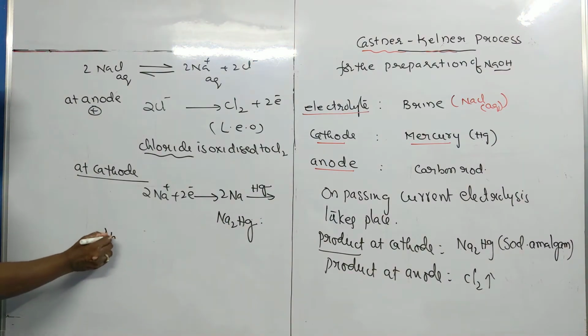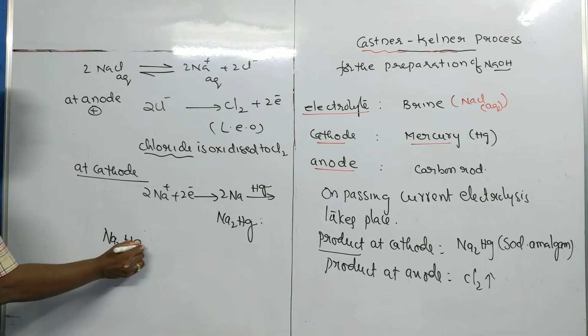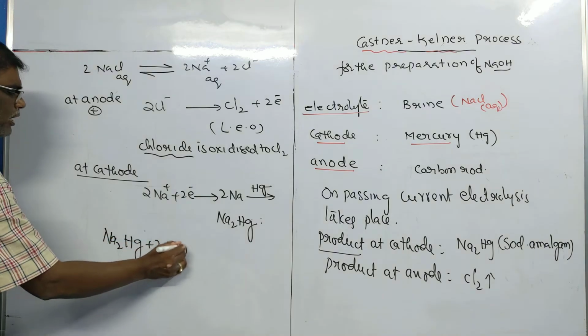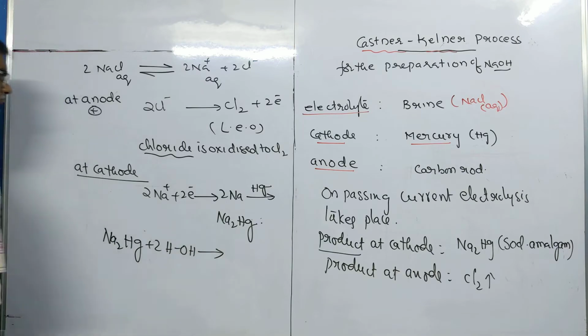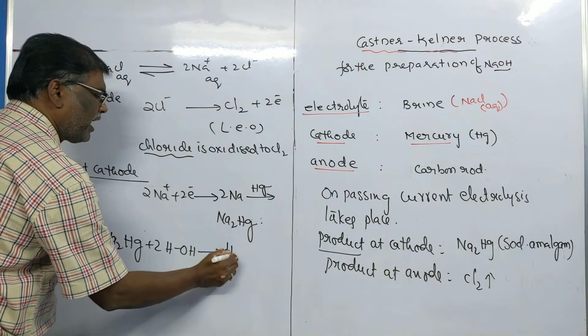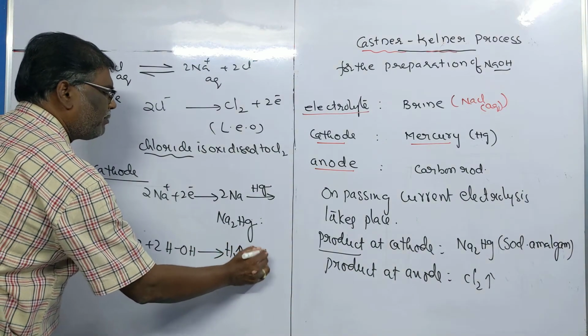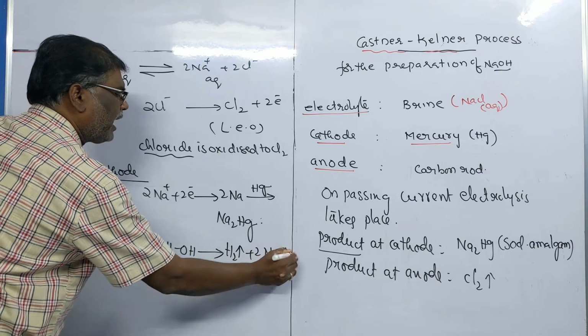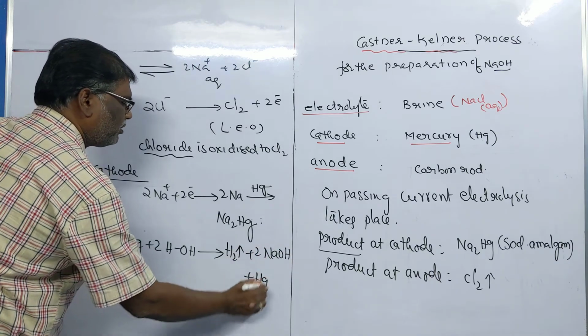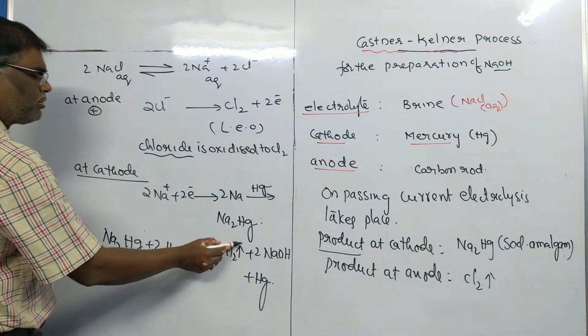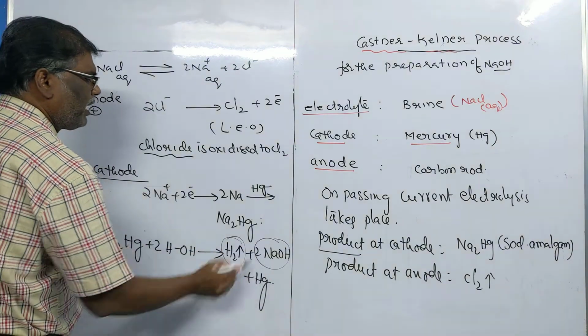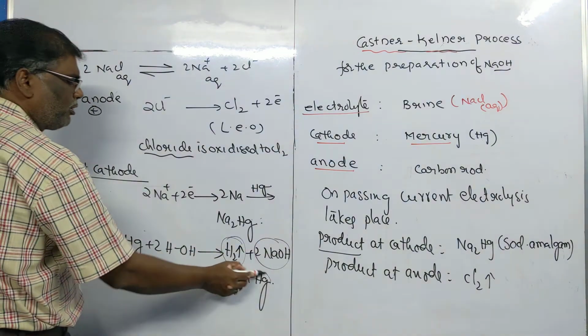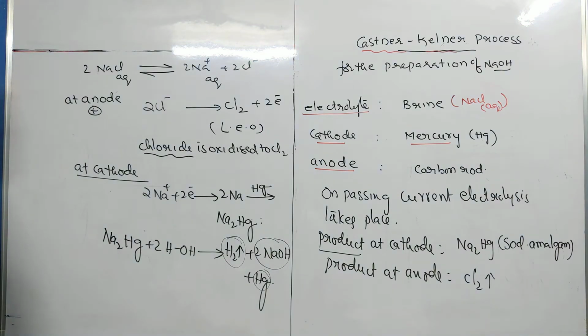Now this sodium amalgam is reacted with water. Then hydrogen gas, sodium hydroxide and mercury are formed. Mercury remains unreacted.